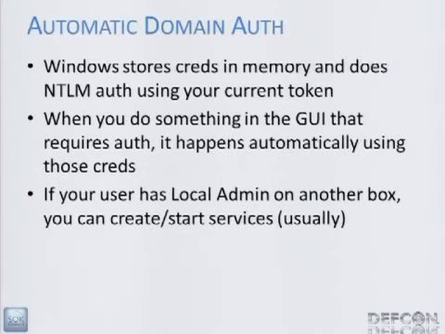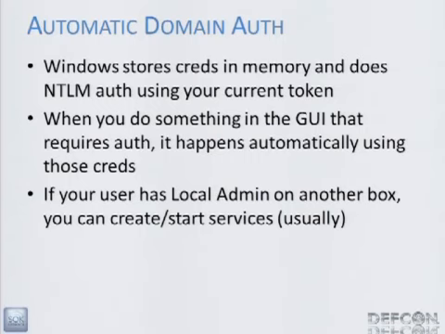Very cool technique. Another thing that Windows does is automatic authentication with your token. So in the GUI, when you open up a file share, it uses your current token to authenticate using this same technique. So if your user has local admin on another box, you can also create services on that box.